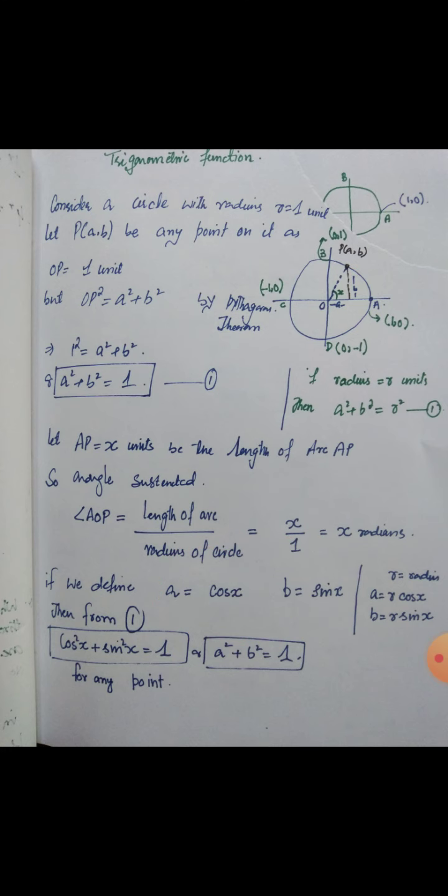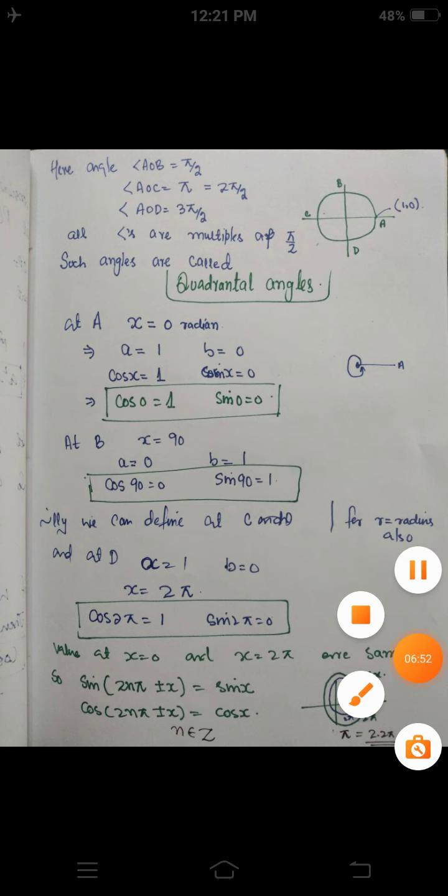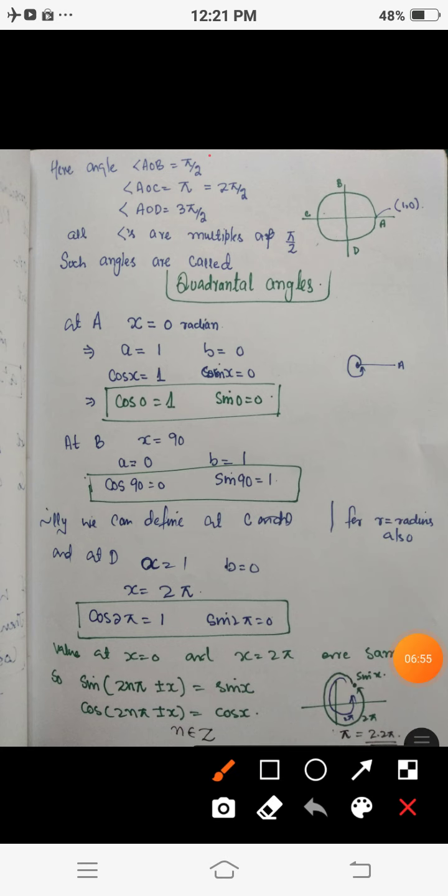Now here these coordinates are A equals (1, 0), B equals (0, 1), C equals (-1, 0), and D equals (0, -1). So the angle subtended by these points with the center and with this arm OA, that is this initial line, is simply pi by 2.